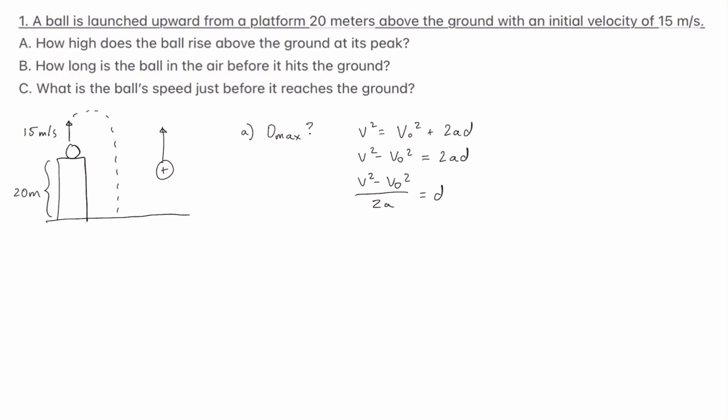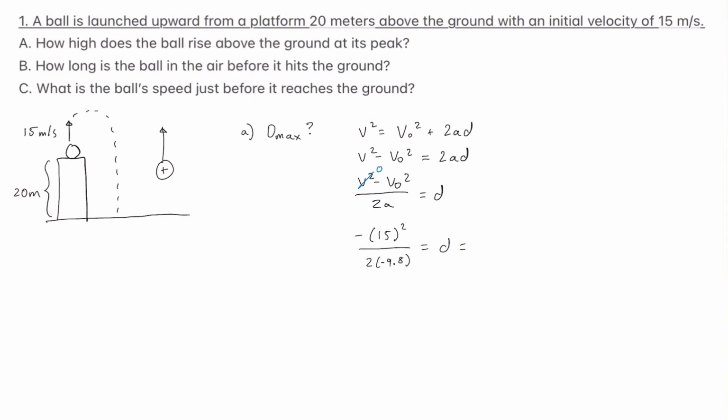Now we can plug in, but before that, we can cross out V squared because at the top of its trajectory, the ball has no velocity in the y direction. So we can plug in 15 for V naught and plug in negative 9.8 meters per second squared for the acceleration, as we have defined downwards as the negative direction.